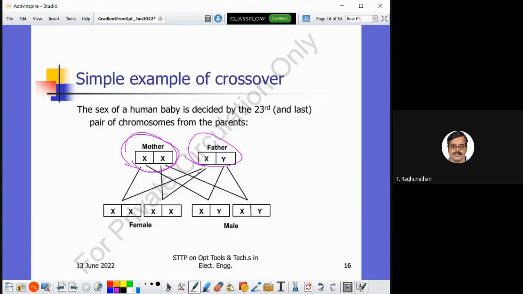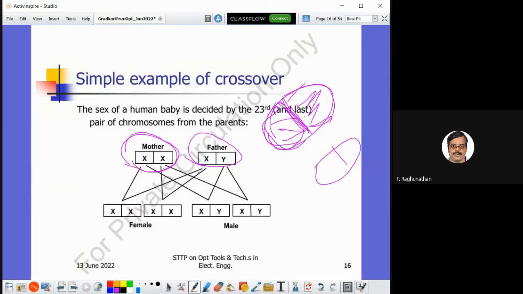And what happens in human reproduction is you have an egg and you have a sperm. One half of the genetic material must come from the egg, the other half must come from the sperm. Only if they two join can you have a baby. One half of the chromosomes must come from the mother, the other half from the father.